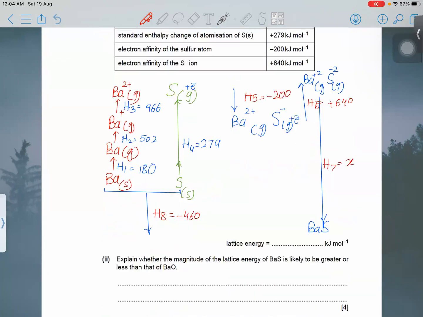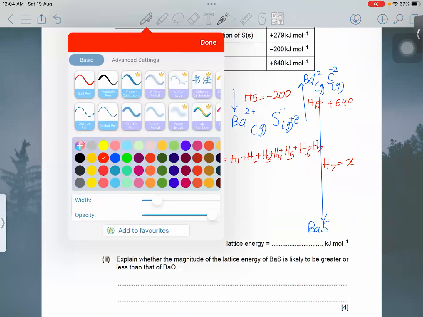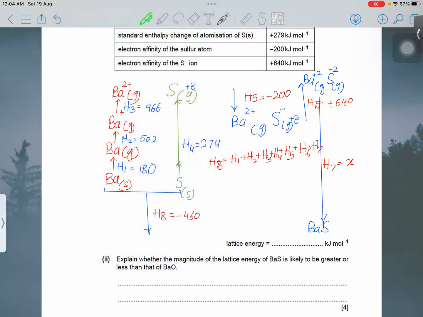Now tell me the formula. H8 equals H1, H2, H3, H4, H5, H6, H7. H8 is minus 460. H1 is 180. H2 is 502. H3 is 966.